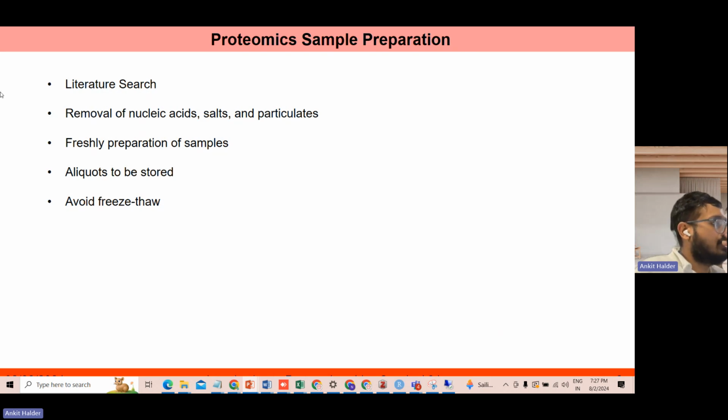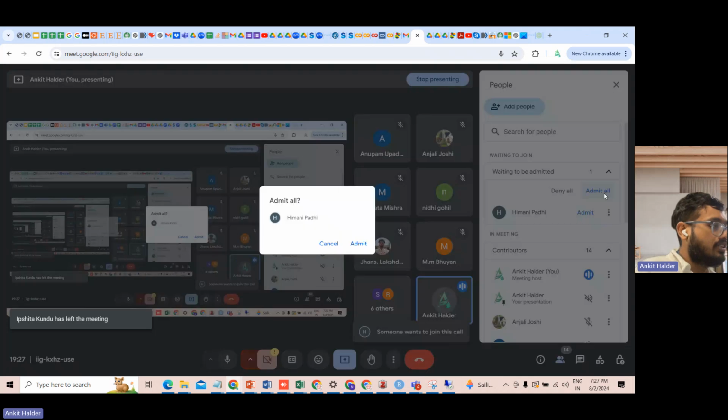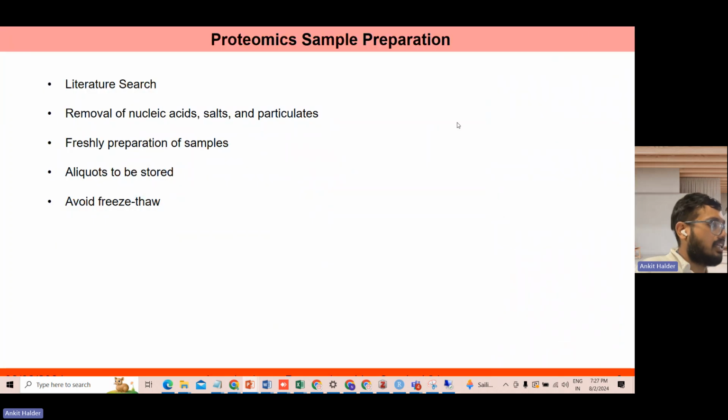So why am I telling you this? Why is it absolutely necessary to extract protein from any particular plant and any particular animal? This is very much important.